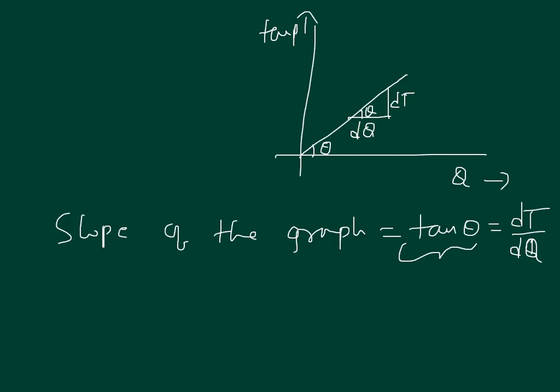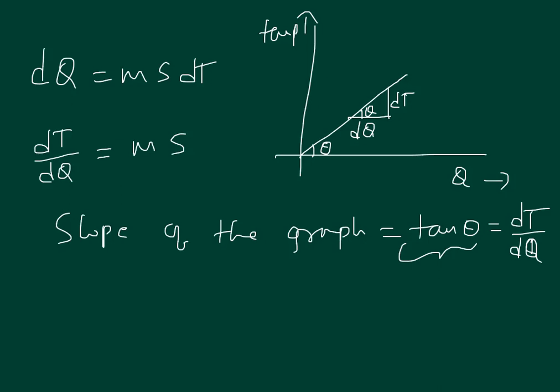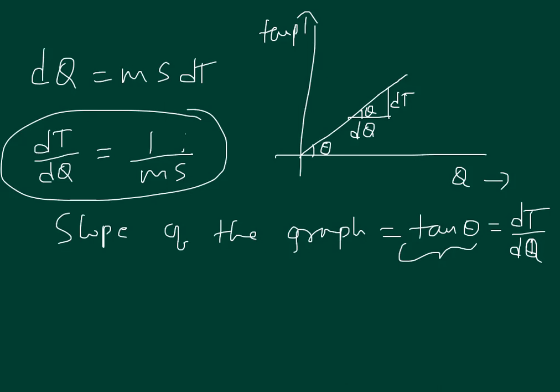We know that dQ is equal to m s dT. So from here, dT by dQ I can write as 1 by m s. Why? Because dQ equals m s dT, and what we require here is tan theta, because we are taking temperature on the y-axis and heat energy on the x-axis.